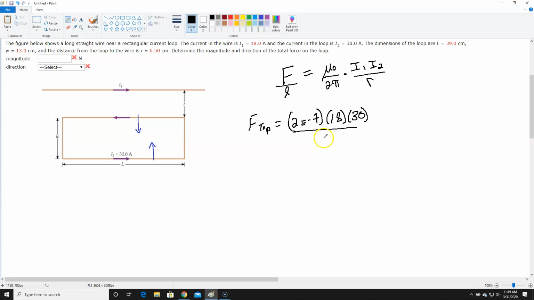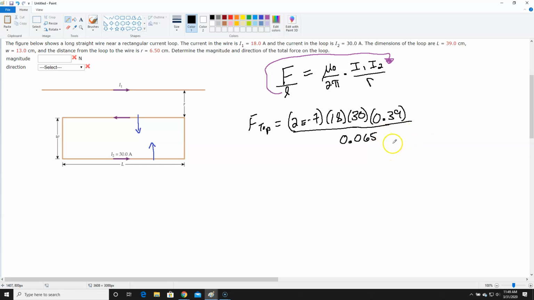So I'm going to have to move the L to this side, because I do actually have a length of the wire, and the length of my wire is 39 centimeters, so 0.39, and then the separation between the top wire and the top of the loop is 0.065.